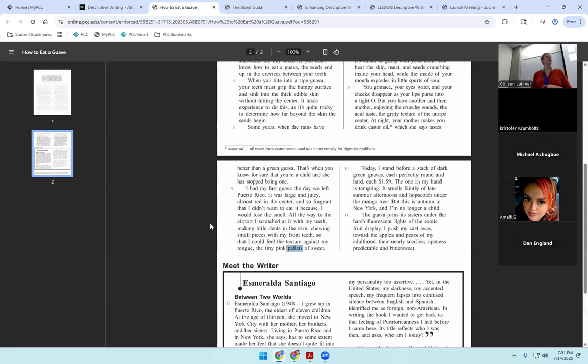Yeah, I get you. So they're just embedded in there throughout. Excellent. So it sounds like when they describe the texture against my tongue, the tiny pink pellets of sweet, this is not a smooth fruit. There's little tiny bits to it.